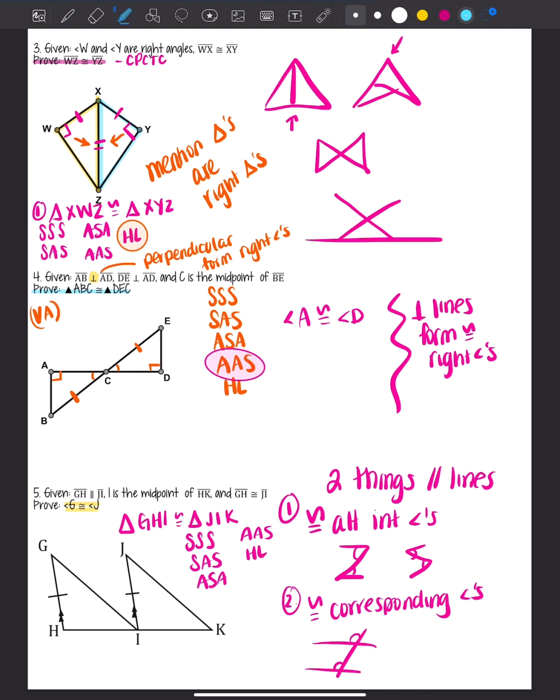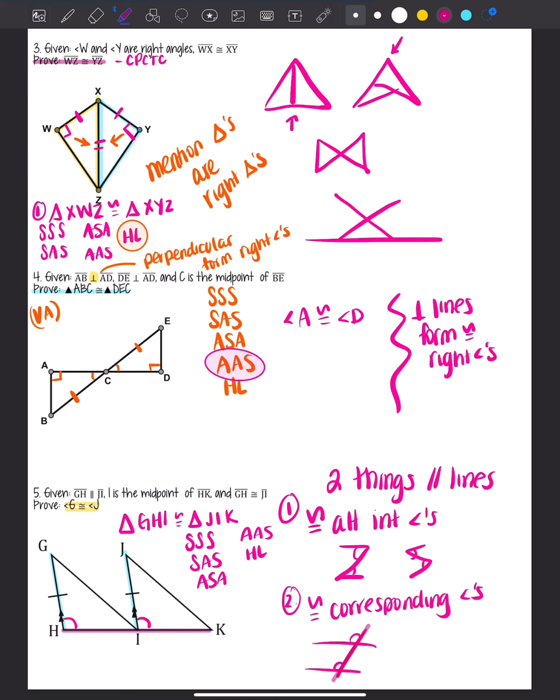What we know is that these two segments are parallel, which means that this HK must be my transversal. I hope you can see, even if you have to turn your paper, that there's no Z. However, I can say that this angle right here, KIJ, is congruent to this angle right here, IHG, because those are corresponding angles.